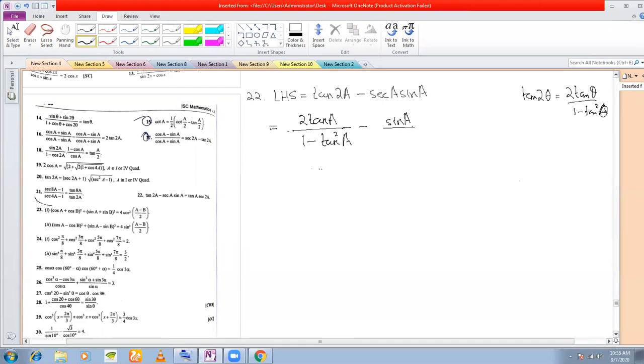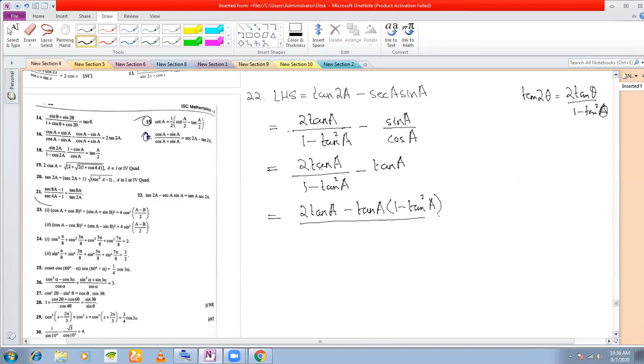and sin a you write as it is, and sec you change to 1 by cos. Okay. So what you essentially get is 2 tan a by 1 minus tan square a minus tan a. Okay. So now what you do is you take the LCM, you get 2 tan a minus tan a into 1 minus tan square a divided by 1 minus tan square a.